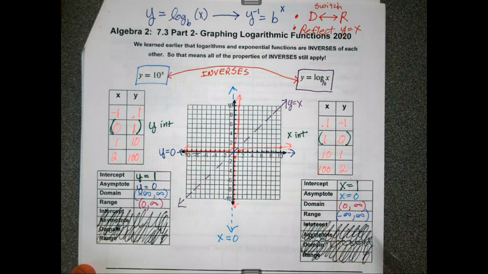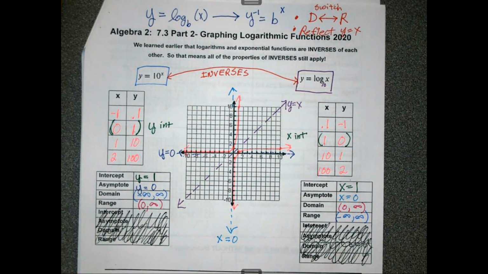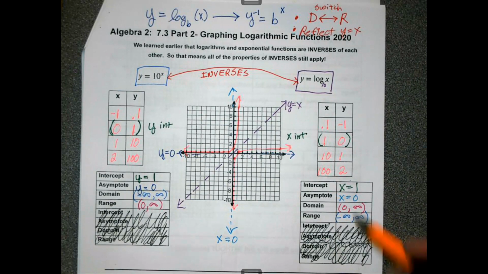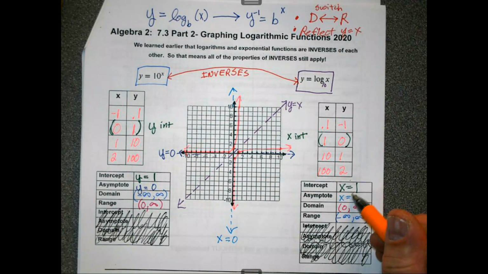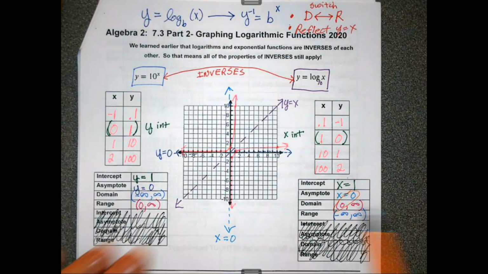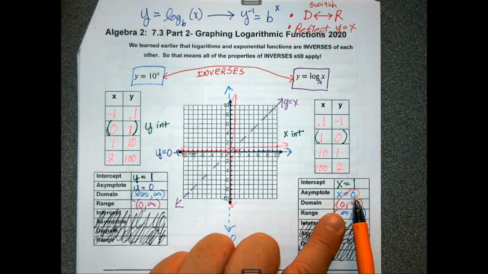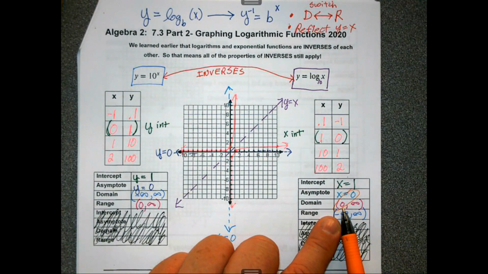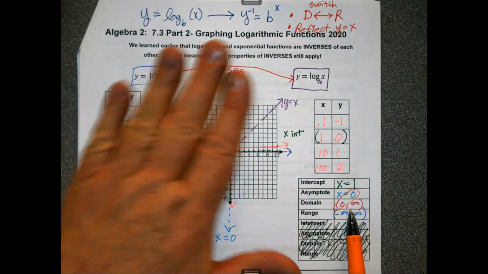What other patterns can we get here? Anybody see it? Our asymptote, now we're looking at just a log function, right? Our asymptote, x equals 0, starts our domain and goes out to positive infinity.